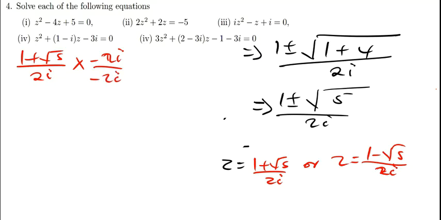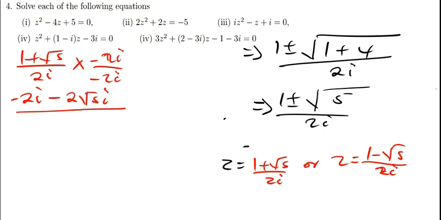even here times negative 2i. So negative 2i times 1, what are we going to have? Negative 2i times 1, I'll have negative 2i. Then here I'll have negative 2 root of 5 times i.